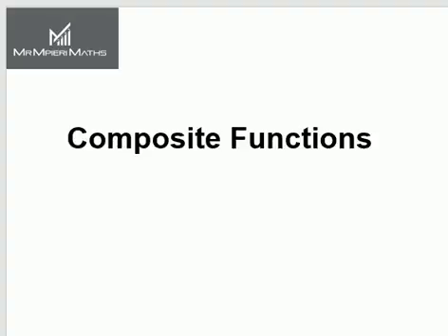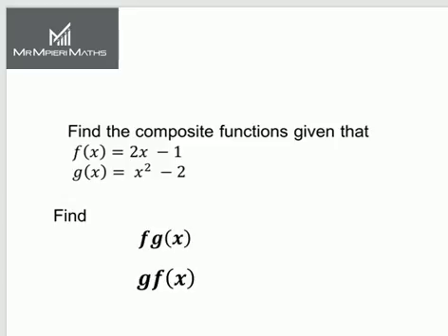Composite functions. This is one of the topics students find quite challenging. Let's have a look at it. Find the composite functions given that f of x is 2x minus 1, g of x is x squared minus 2.